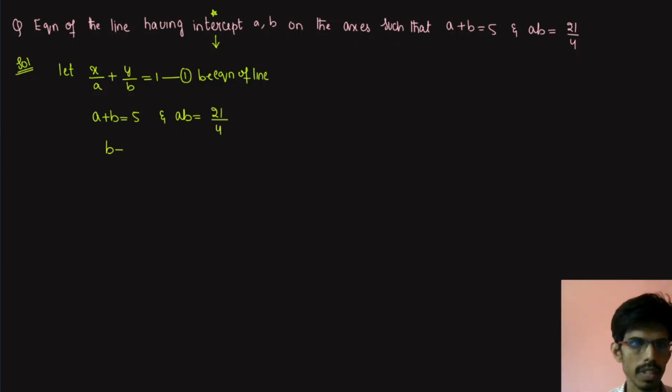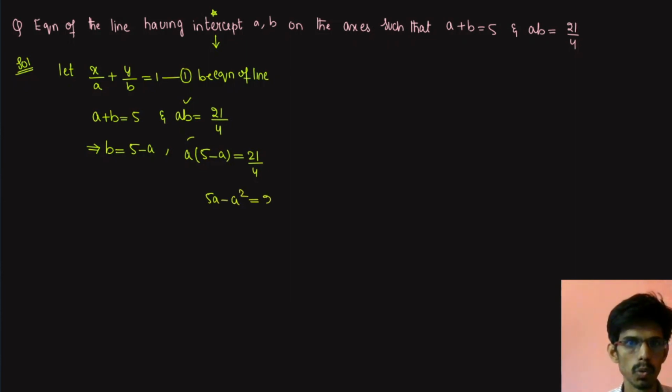Now from this I'll take the value of b as 5 minus a. Now put this value in ab, so this will become a into this b value, which is 5 minus a, equal to 21 by 4. Multiply by a, I'll get 5a minus a square equal to 21 by 4.